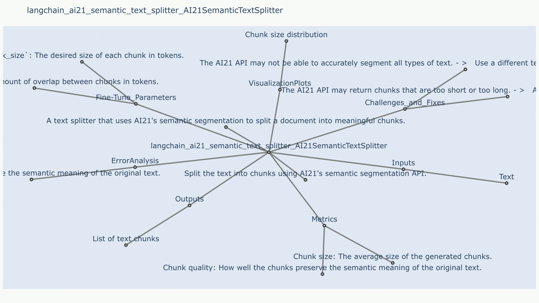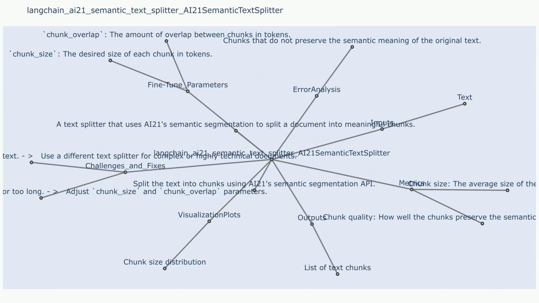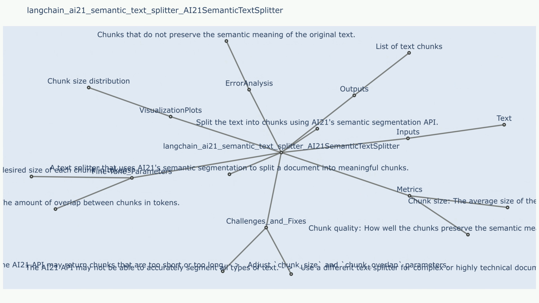Chunk overlap: the number of tokens that should overlap between consecutive chunks. This helps maintain context across chunks and prevent information loss at the boundaries. Outputs: list of chunks: a list of text chunks, each representing a semantically coherent portion of the input text. These chunks are ready to be processed by other language models or tools.